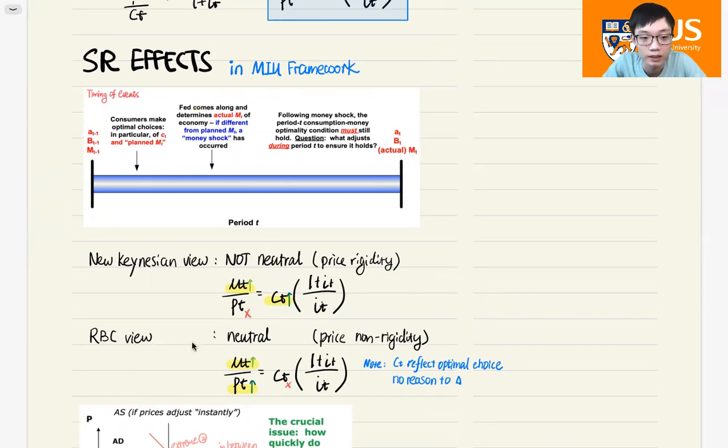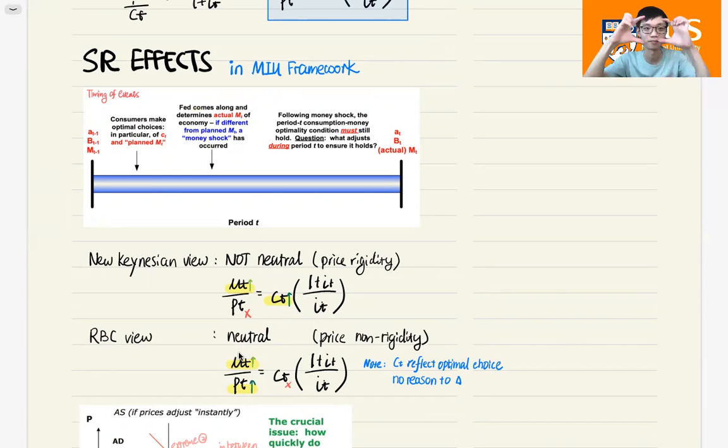And here, RBC, real business cycle view, they think that the money is neutral because the price is not rigid. So the consumption will not change, because as long as the nominal money changes, right? Because the central bank only controls nominal money. They don't have the money called real money on hand.